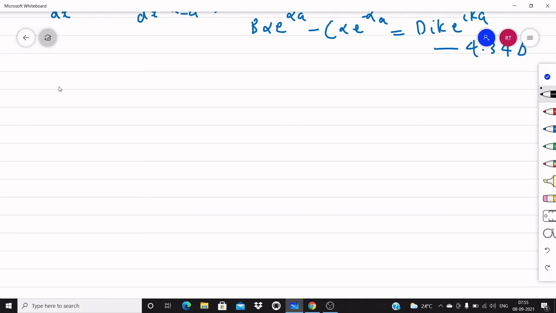So we begin with equations 4.34a and b. Take 4.34a and divide it with e raised to alpha a.